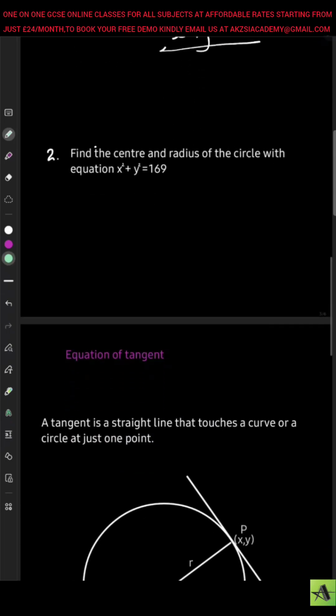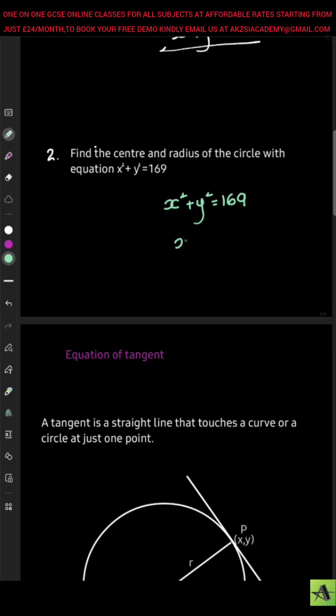Next is find the center and the radius of the circle with equation x squared plus y squared equals 169. So we have this equation, and I need to write it in the form x squared plus y squared equals r squared. Clearly 169 is a perfect square, the square of 13.